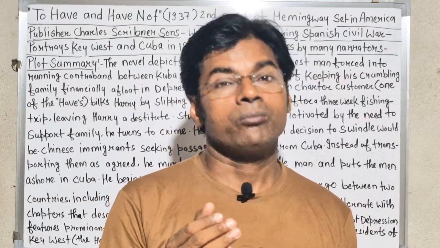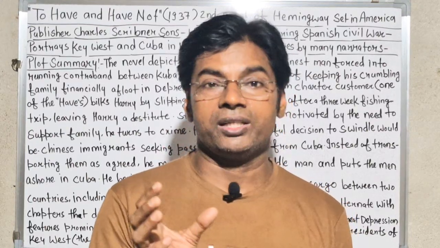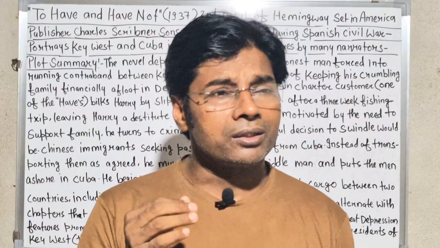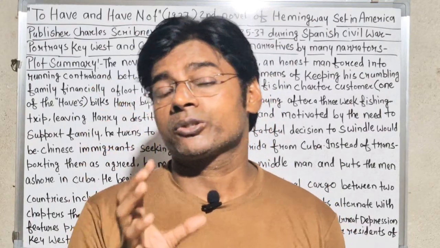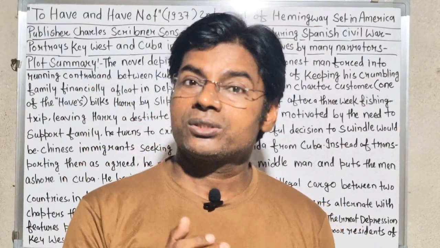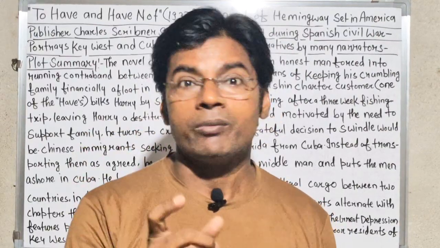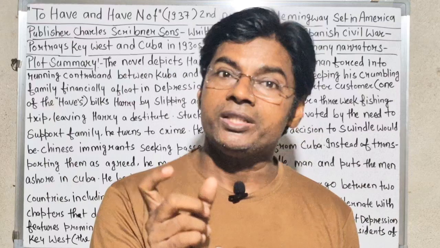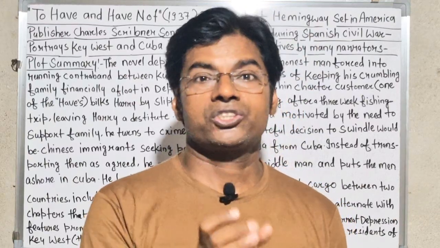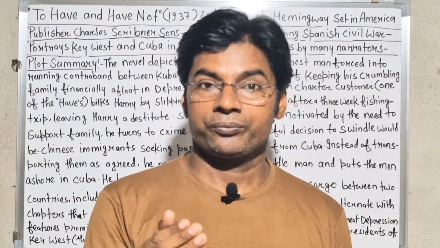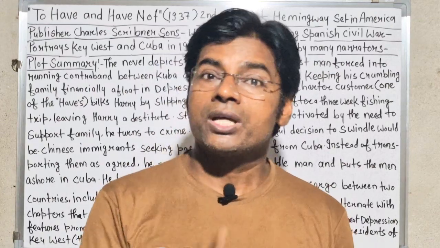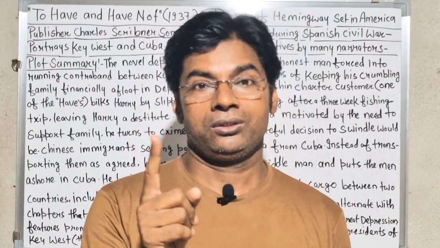Have is a kind of phrase that was given in a derogatory sense. Haves means the rich people, and have-nots. Remember, haves, H-A-V-E-S, stands for the rich, and its opposite, have-nots.